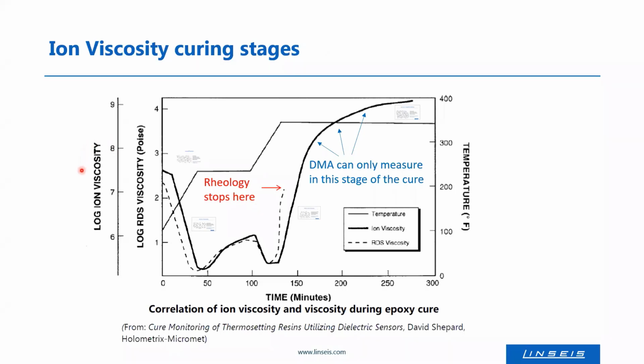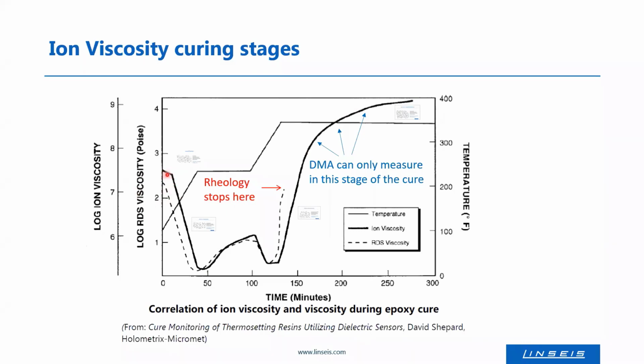Plotted here is the ion viscosity, the solid line here. And the dashed line is the mechanical viscosity, which was measured with a rheometer, with an oscillating rheometer.